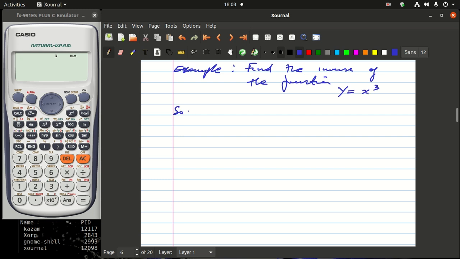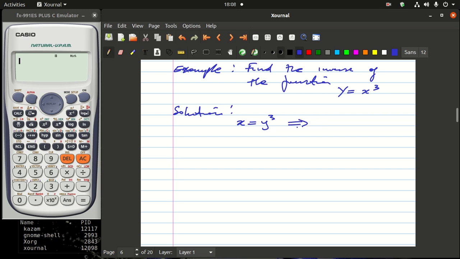Of course, your inverse would be, the first step, we want to interchange x and y, so you will end up having x is equal to y to the power 3, and then you want to solve for y.